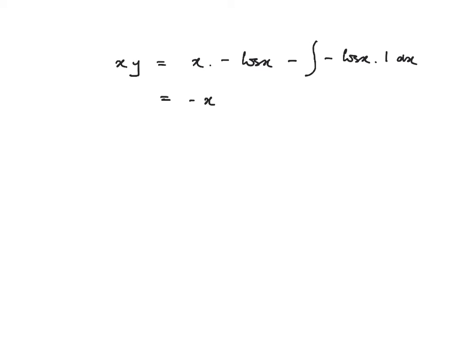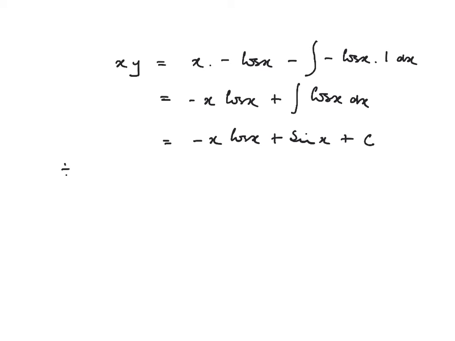So it's minus x cos x plus the integral of cos x dx. And that gives us minus x cos x plus sine x plus c. Divide the whole thing by x to get y on its own. So that's minus cos x plus sine x over x plus c over x.